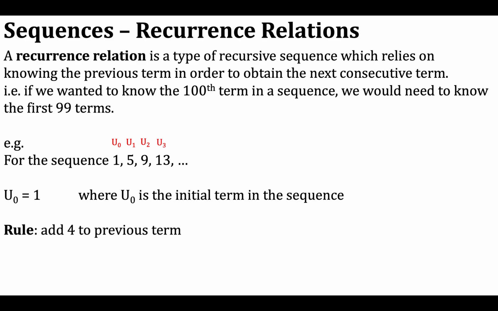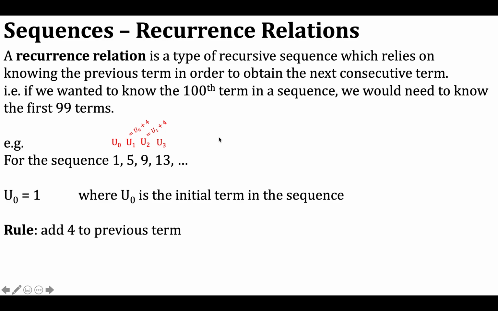Now, hopefully you can see some sort of rule here in this sequence. We're adding 4 to the previous term. So you can see in order to get 5, we're doing 1 plus 4, or u0 plus 4. In order to get 9, we're adding 4 onto 5, or u1 plus 4.